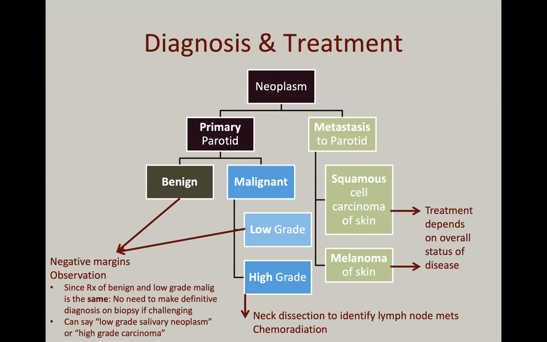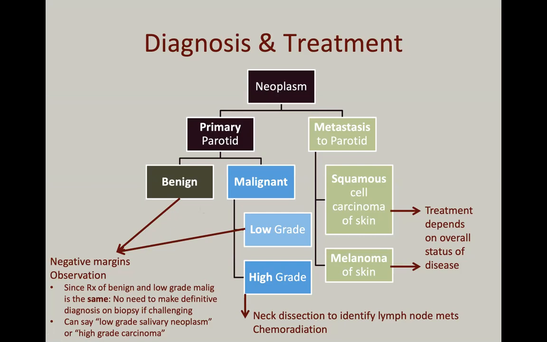So once we have a diagnosis of a neoplasm based on a biopsy, we want to sort of understand, is it a primary parotid neoplasm or is it a metastasis? I'm saying parotid here because that's the most common site we're dealing with, but replace that with any salivary site, right? Is it a primary salivary site or is it a metastatic?